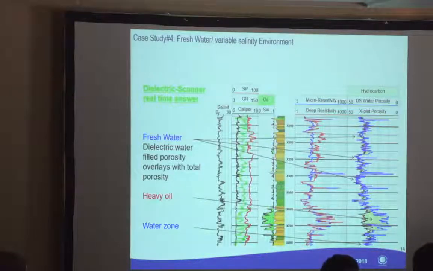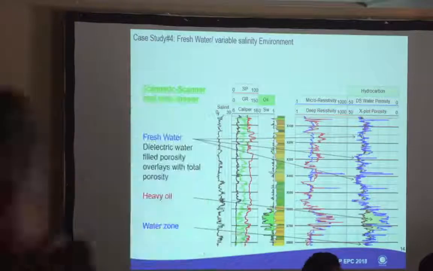It's more related to mineralogy technology. And I think the most important tool to detect heavy oil is the magnetic resonance.